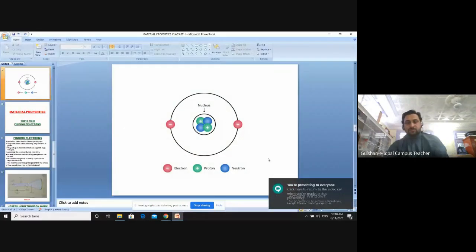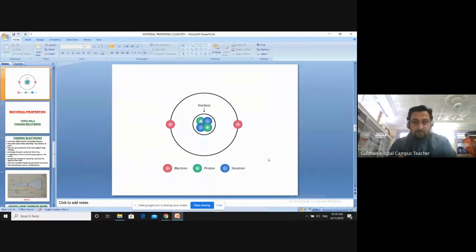This was the topic which we discussed, that there are protons and neutrons in the center of the nucleus. We have electrons which are revolving in the shells. The electrons and protons are the same in number but opposite in charge, so they cancel out each other. When they cancel out each other, their overall charge becomes neutral.